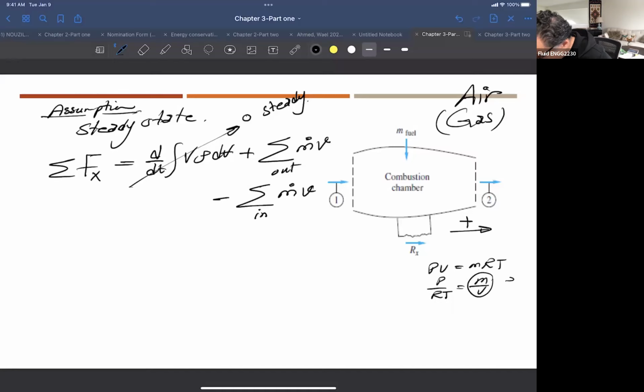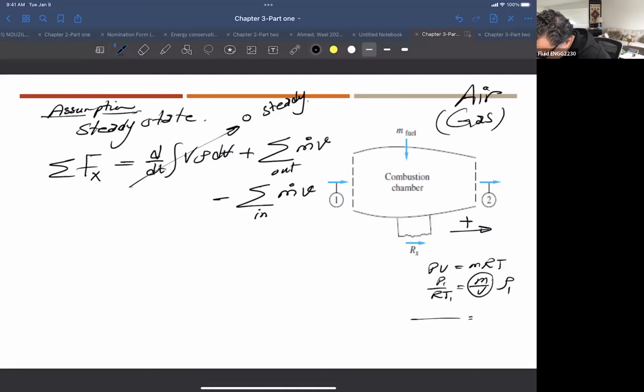This is my density, right? So if I know the pressure and temperature, I can find out your density. It just happened to know that the inlet here, rho 1, we have P1, T1, right?